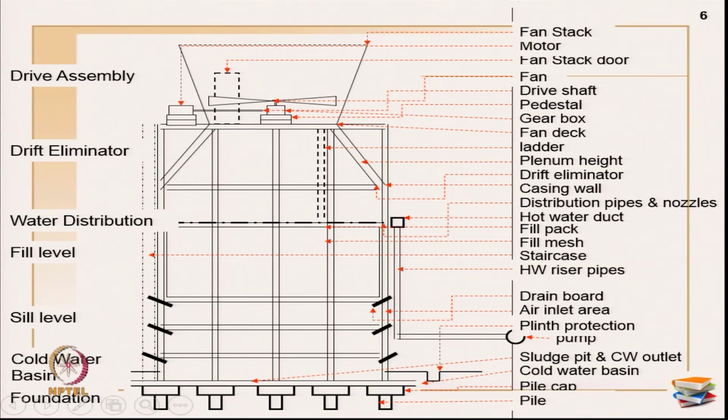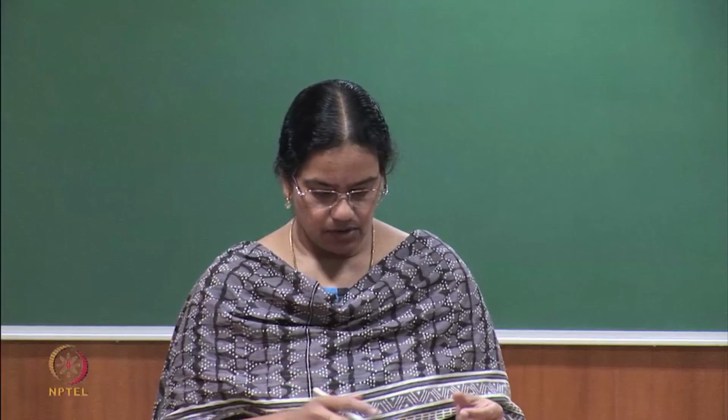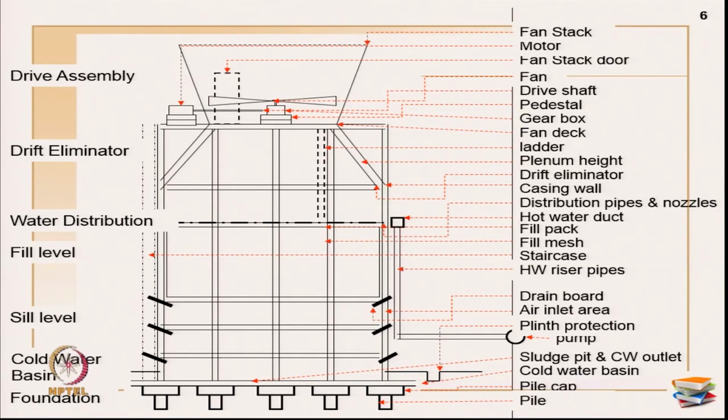Okay. The water generally comes through the hot water basins, and it moves through the drift eliminators and the water distribution. Okay. What happens here is the fans and the drift eliminators prevent the water particles from going outside. This is primarily the hot water basin from which the water falls in, and in the fill level there is the cooling medium, which cools the water.